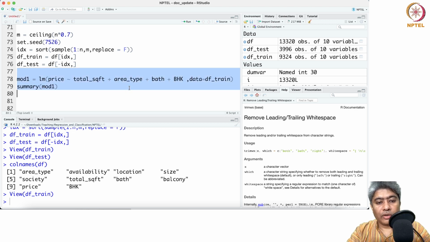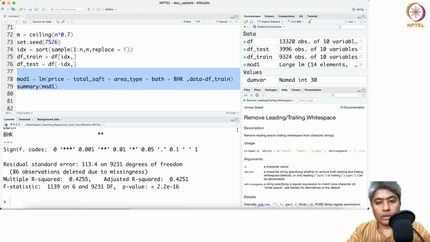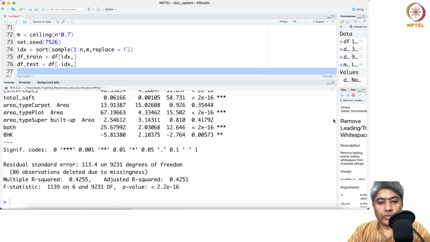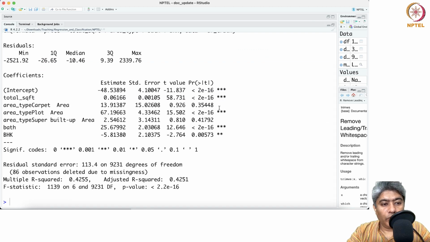Remember, note that I did not put location yet. So if you see, area total square feet does have a strong effect, very strong effect. T value is 58, P value is very small. Area type, plot area has quite a significant effect; the plot areas have a little bit of premium price people are paying.